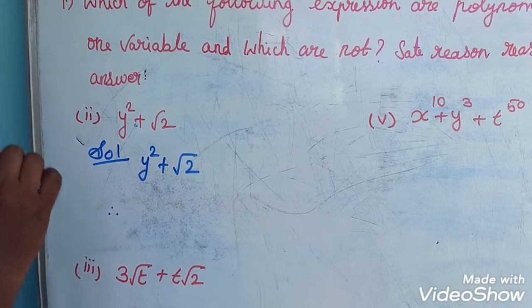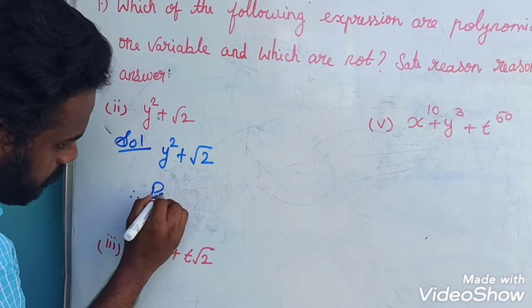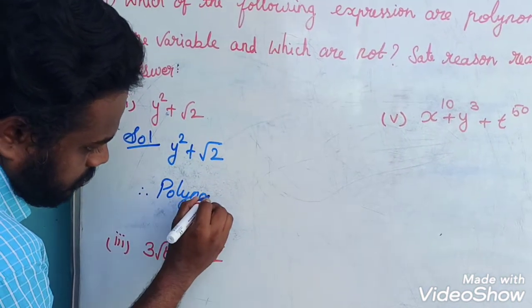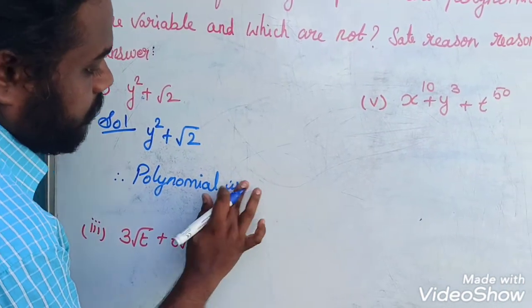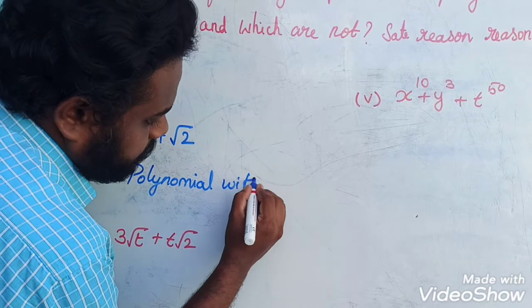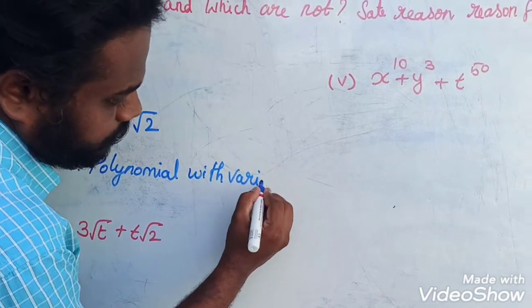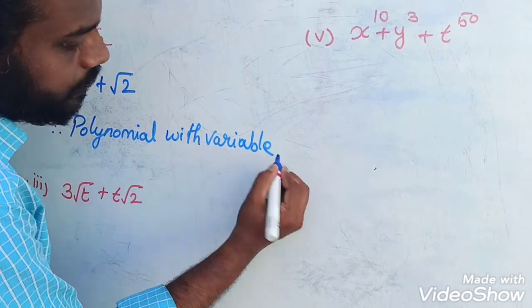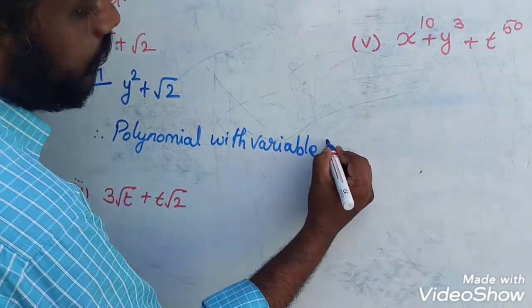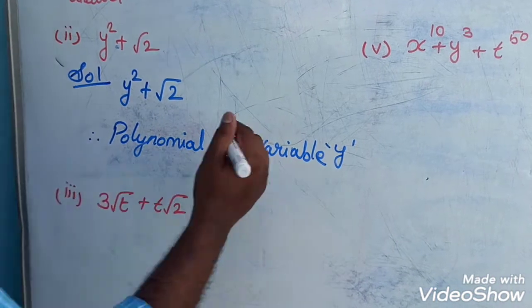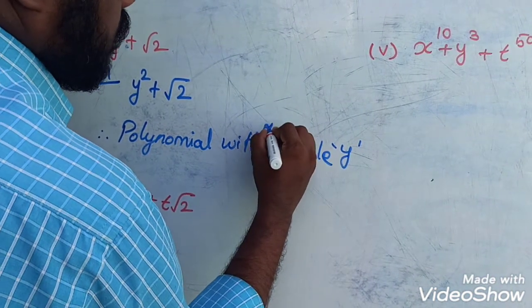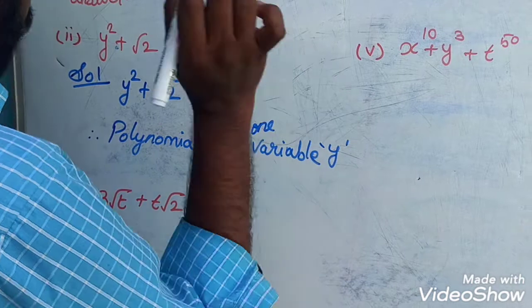Therefore, it is a polynomial in one variable. Which variable is here? y. So we mention that in quotation: polynomial with one variable y.